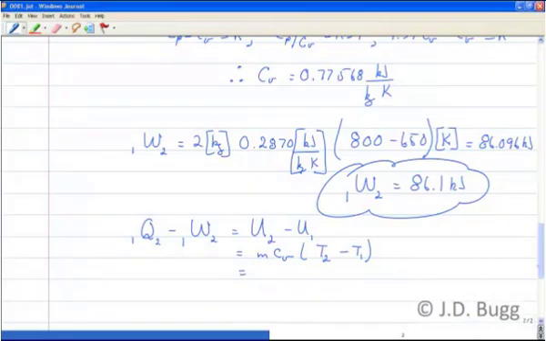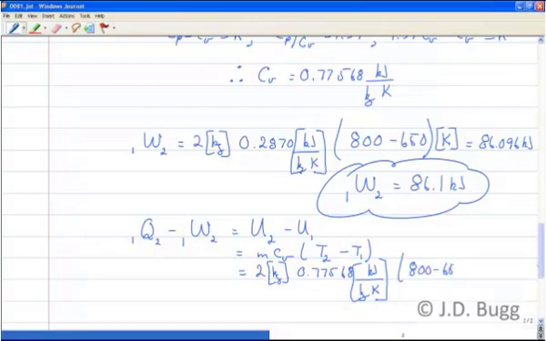So we've got everything we need here. 2 kilograms is our mass. Our value CV is 0.77568 kilojoules per kilogram Kelvin. And our temperature change, same as before, 800 minus 650, both in Kelvin.